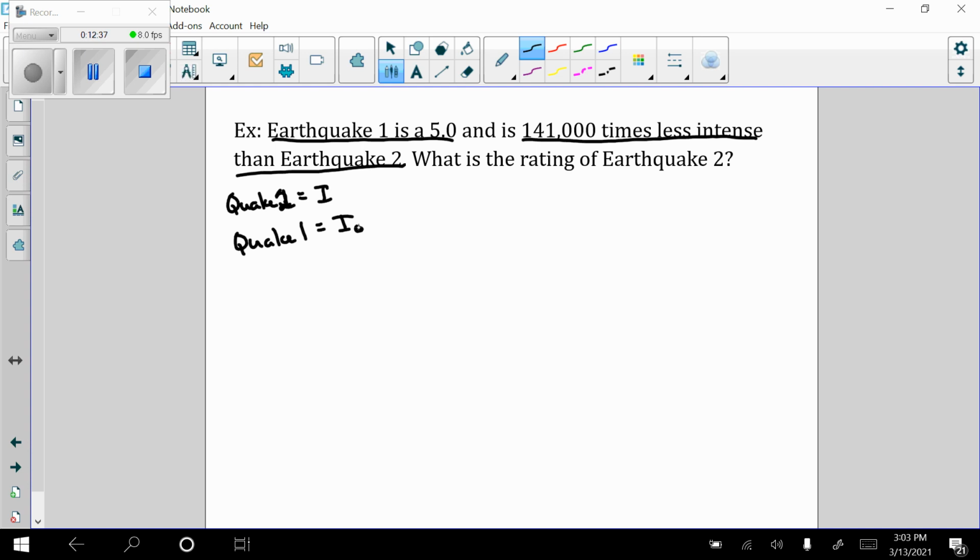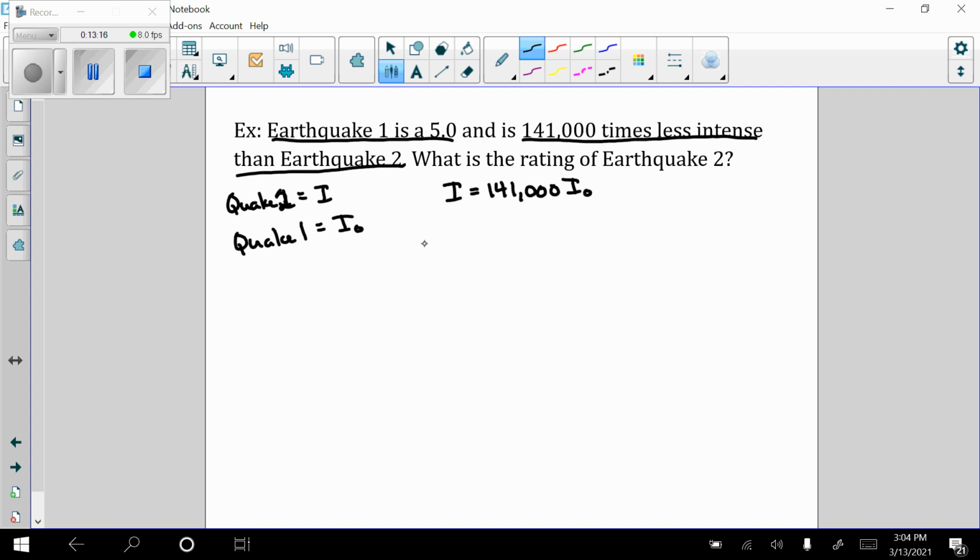So now if I go back and use this 141,000 times less, then I know if I take quake number 1, multiply it by 141,000, I get the stronger one, which is quake number 2. So I is equal to 141,000 times I sub 0, the weaker quake times the ratio is equal to the stronger quake.